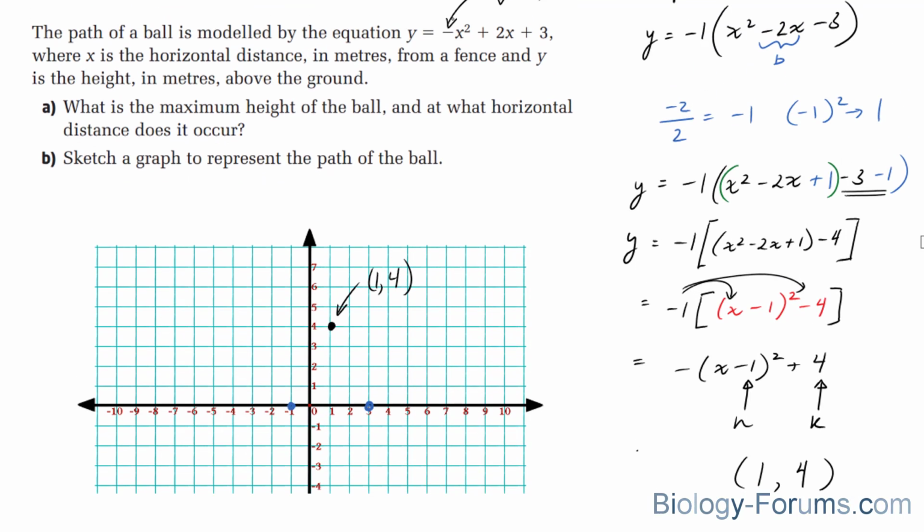So let's do that. To find your y-intercept, you set your x, this time as 0. So we're going to replace all the x's with 0. And we end up with positive 3. So it's going to cross this point. It's going to reach its maximum at its vertex. And then it's going to make its way down.